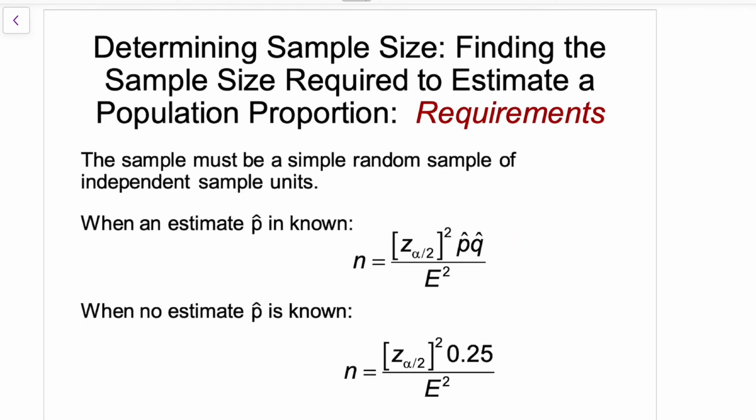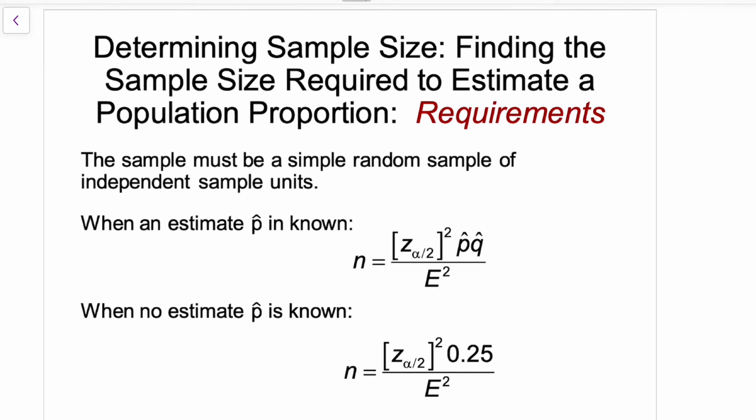This is an unusual case because we actually get two formulas. We could imagine that maybe we do know a point estimate for p hat, and maybe we're designing a study that has never been done before, and we have no way of knowing what a sample proportion may be.